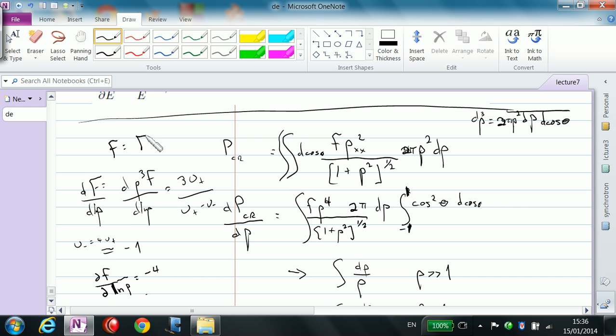F equals big F over p cubed. But why with the minus sign? Because u minus is less than u plus. It's opposite. Okay, yeah.